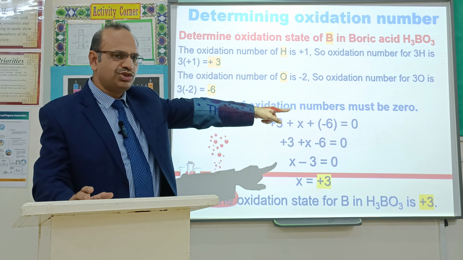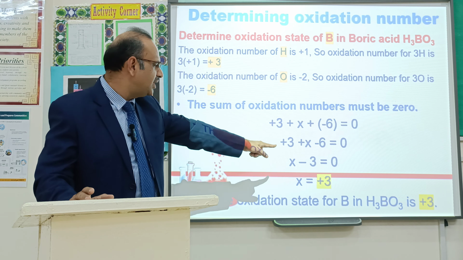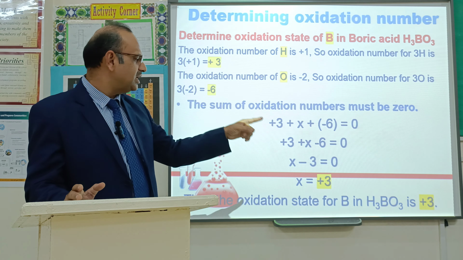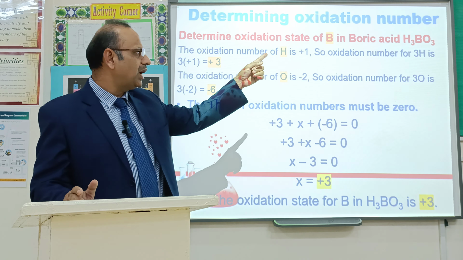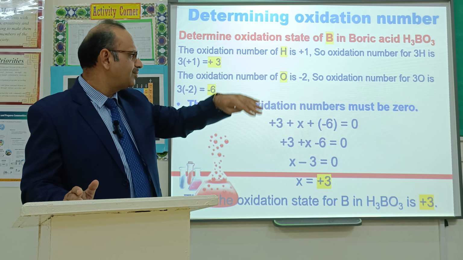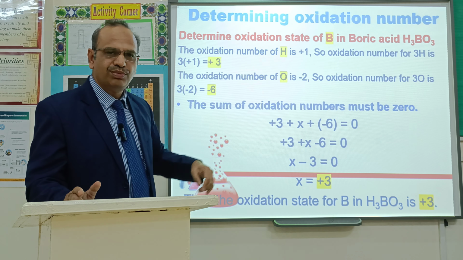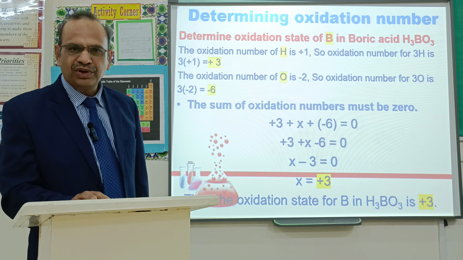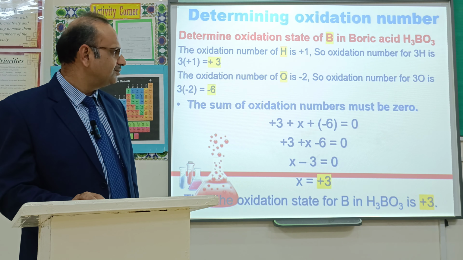The total sum should be 0, so the value for B should be plus 3. If B has plus 3, hydrogen plus 3 and oxygen minus 6, the total is 0. So in this way we find the oxidation state of boron is plus 3.